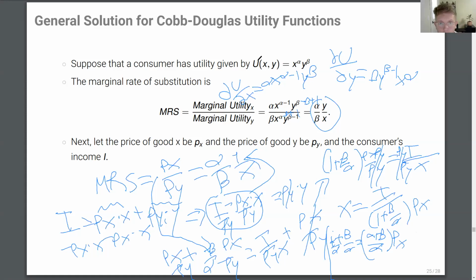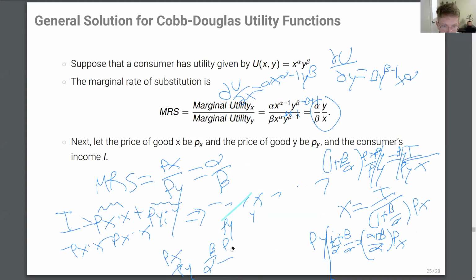So here, I need to clean stuff up. Let's make a little bit more room. Sorry about all this.